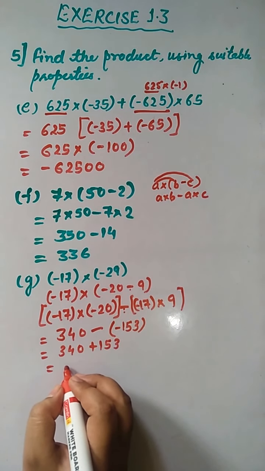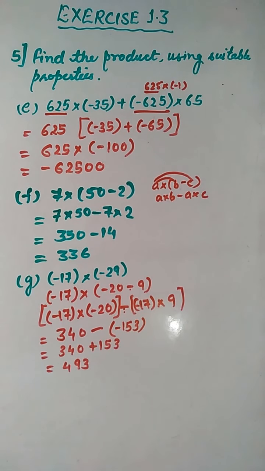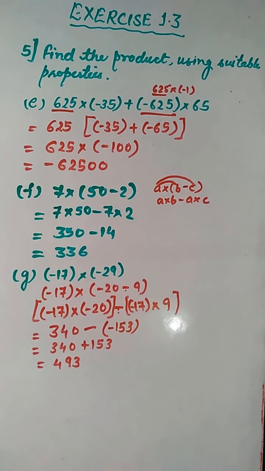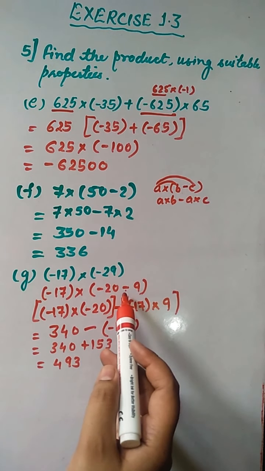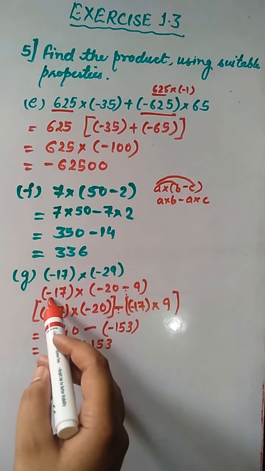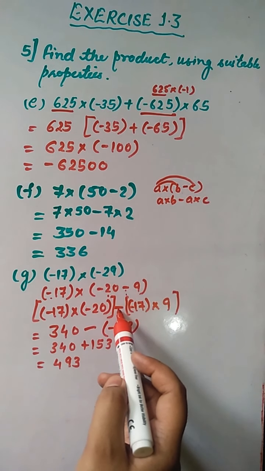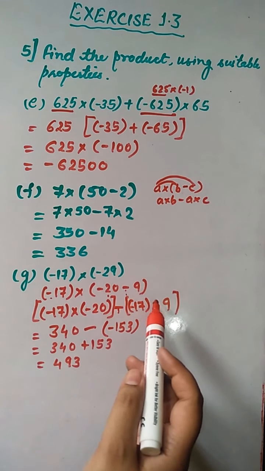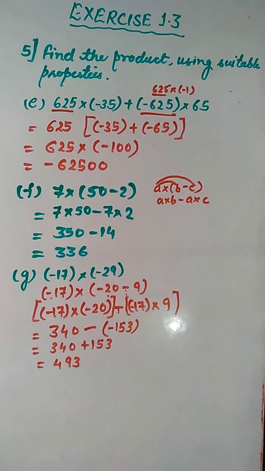So this is how much? 493. I hope this question is clear to you all, because I have written 29, I have written minus 20 and minus 9, then I have multiplied with minus 17 into minus 20. Because this minus sign I have written outside, that is why I am multiplying with plus 9. Understood? So this is how this will be solved.